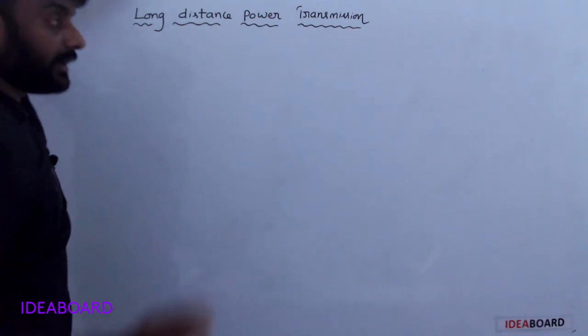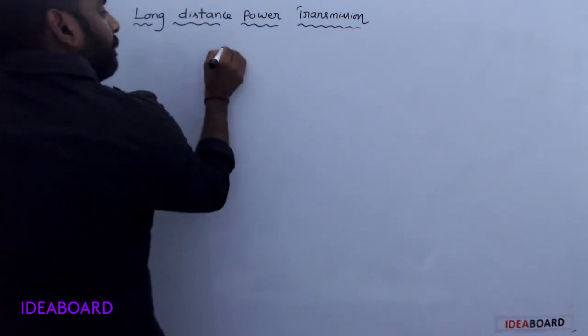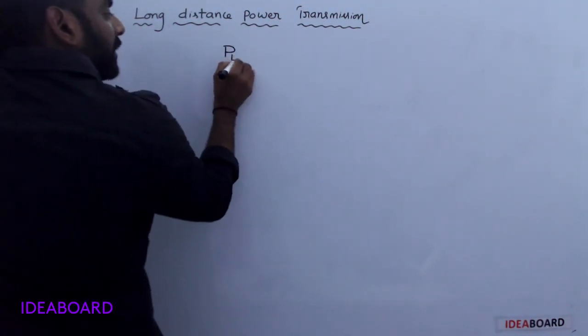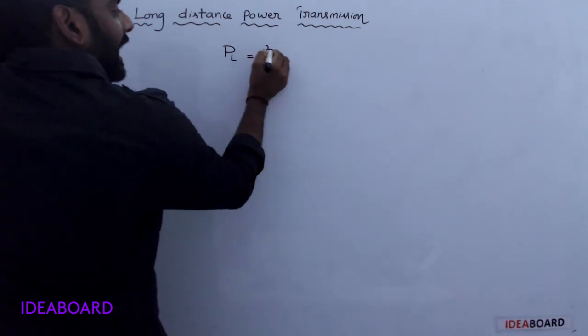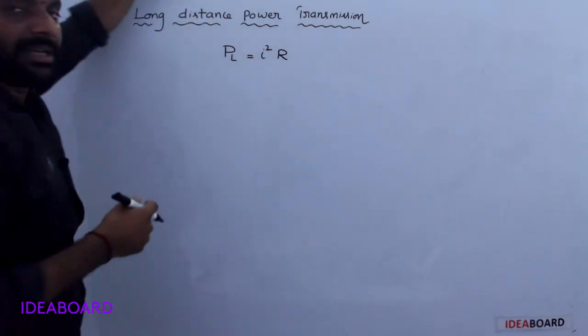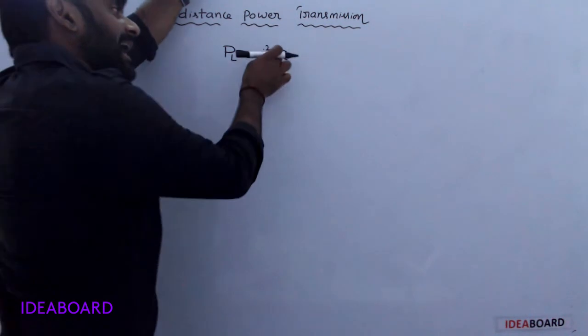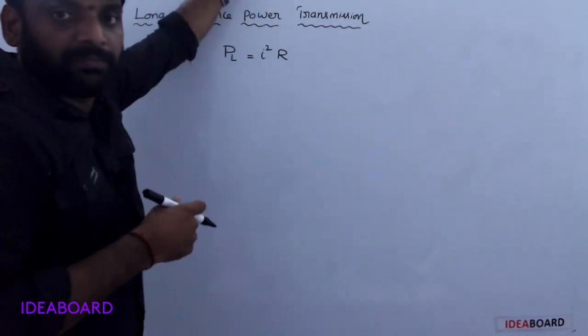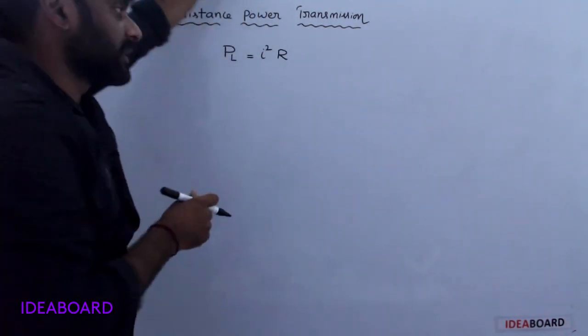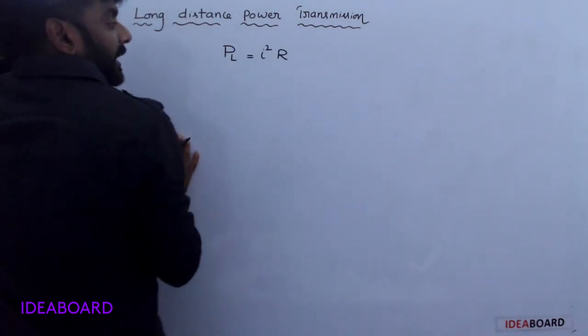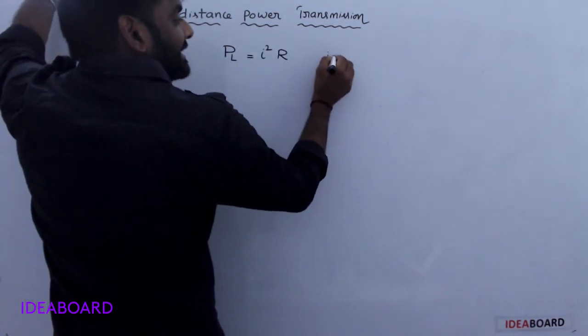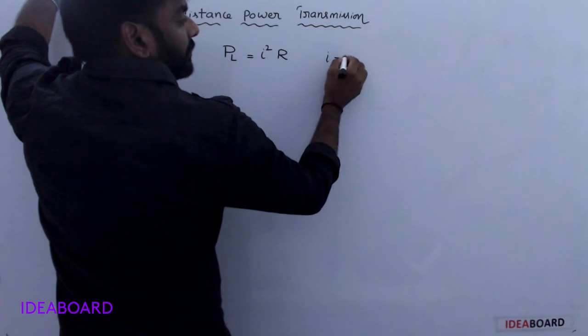That means loss of power. Power loss is equal to I square into R, where R means the resistance of the cable. Power is supplied through the cables.